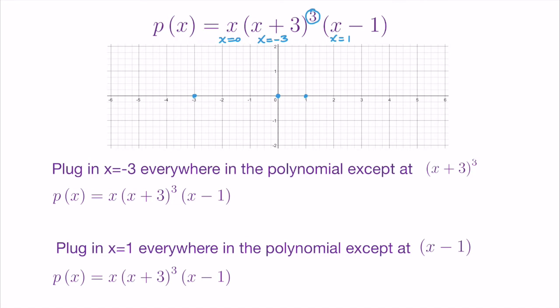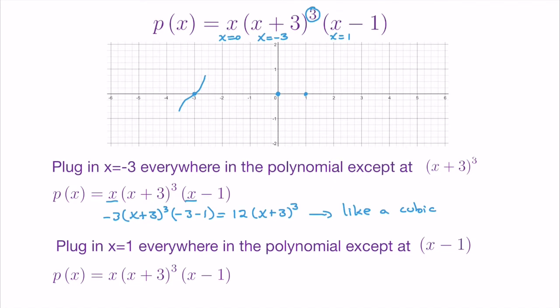Well, we replace x by -3 in the polynomial everywhere except at its corresponding factor. So we replace it here and here, and we get -3 times (x plus 3) cubed times (-3 minus 1), which is going to give us 12(x plus 3) cubed, which means the graph is touching the root -3 like a cubic.